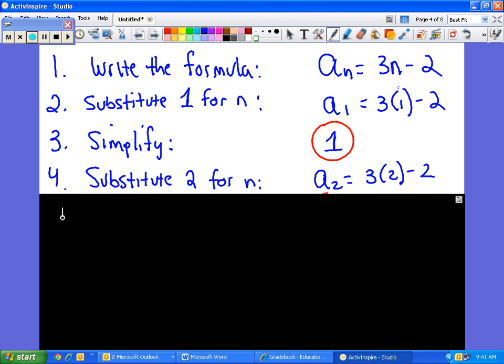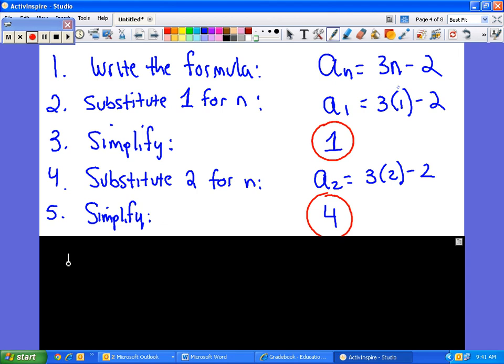The goal is to be able to generate the first 10 terms of the sequence without having to plug in, by understanding what the pattern is, and then doing that again and again and again. So when I plug 2 in, what do I get for my value? I get 4.